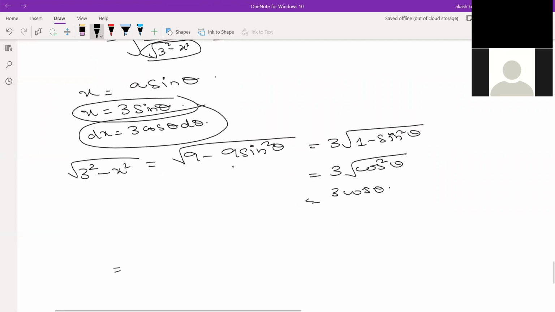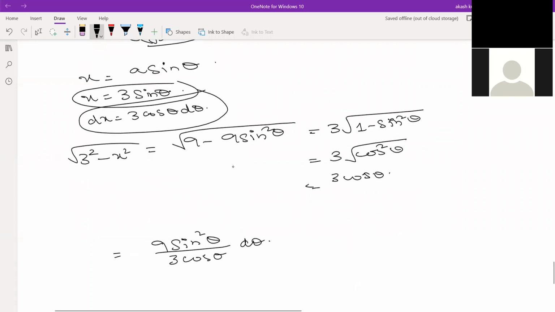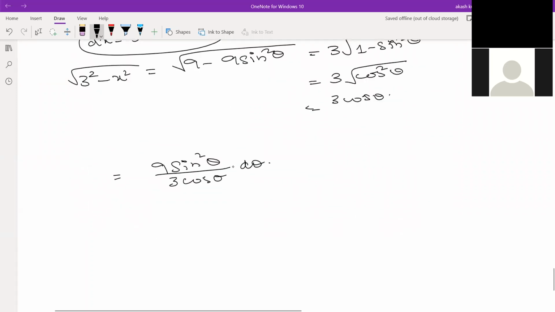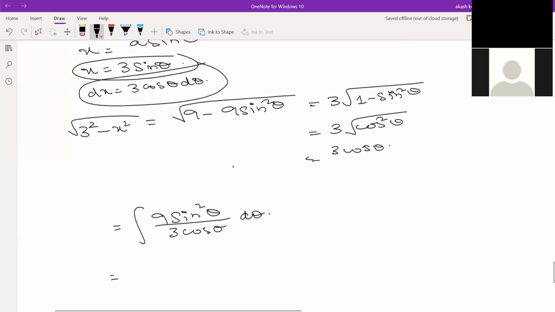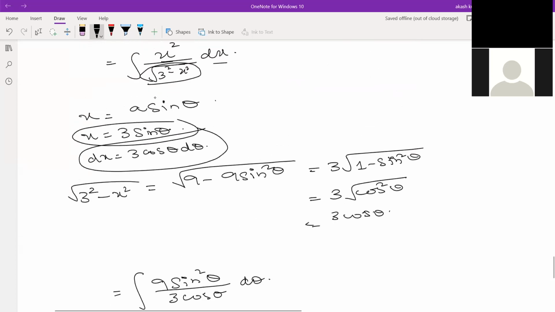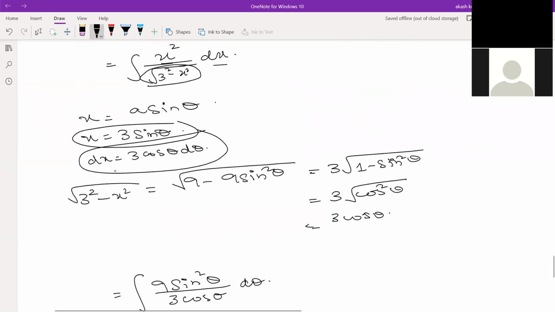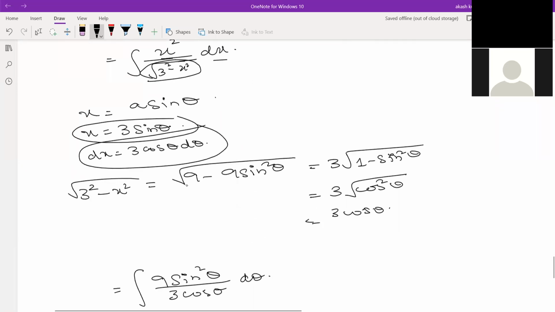So it was x squared, which is 9 sine squared theta over, instead of the square root of 3 squared minus x squared, I can write 3 cos theta. Instead of dx, I have to write 3 cos theta d theta.